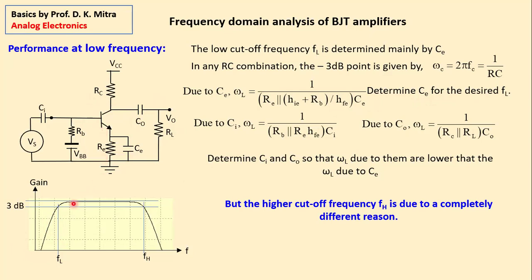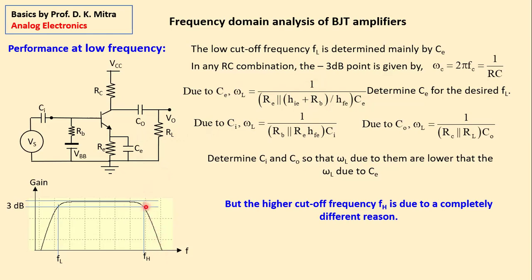At lower frequency, the gain gradually drops, and the minus 3 dB frequency can be determined by properly selecting the emitter bypass capacitor. This is so easy. But mind it, at higher frequency also, the gain drops.